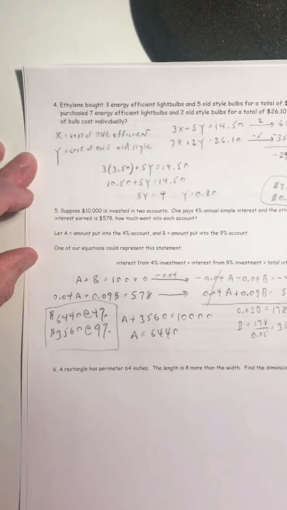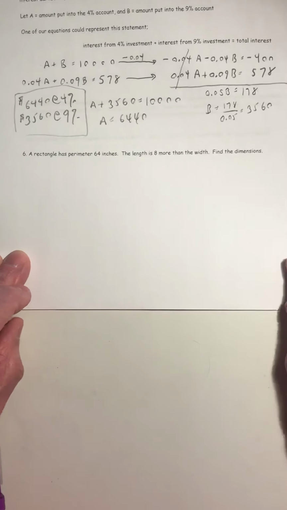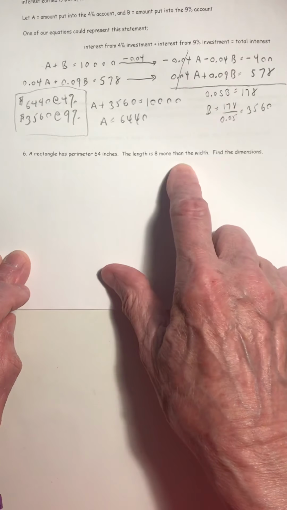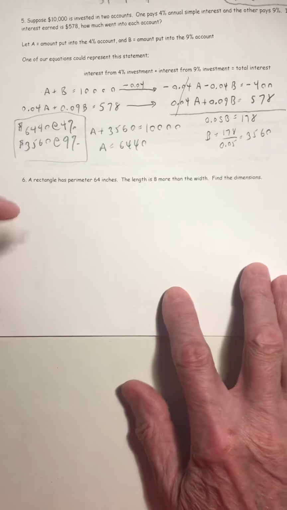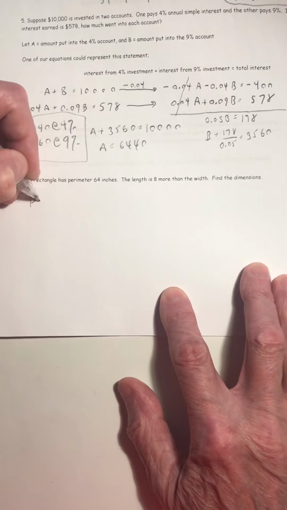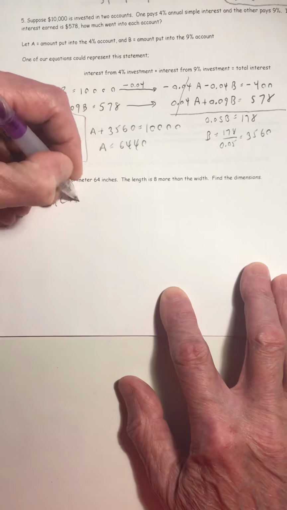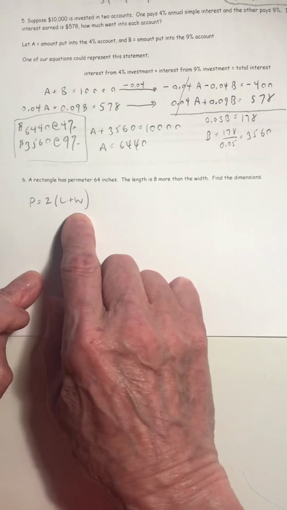Okay. The only thing really new on page 2 today is this number 6 problem. We have a rectangle with a perimeter of 64 inches. The length is 8 more than the width. So remember that the perimeter of a rectangle, for any rectangle, is 2 times the sum of the length and width.